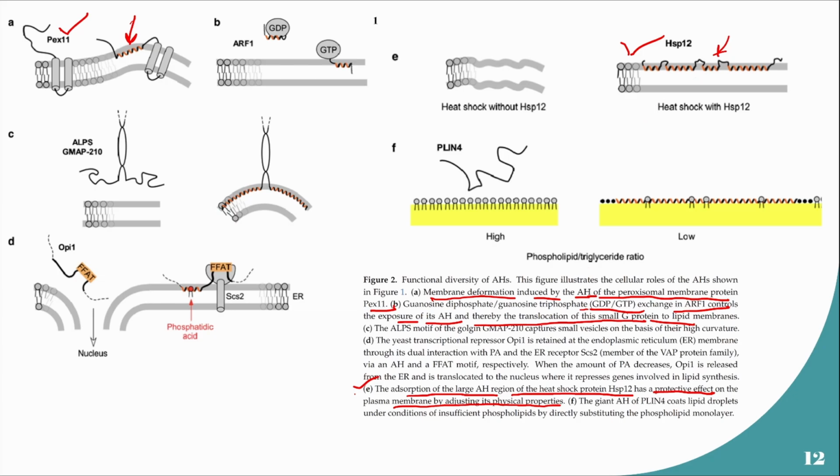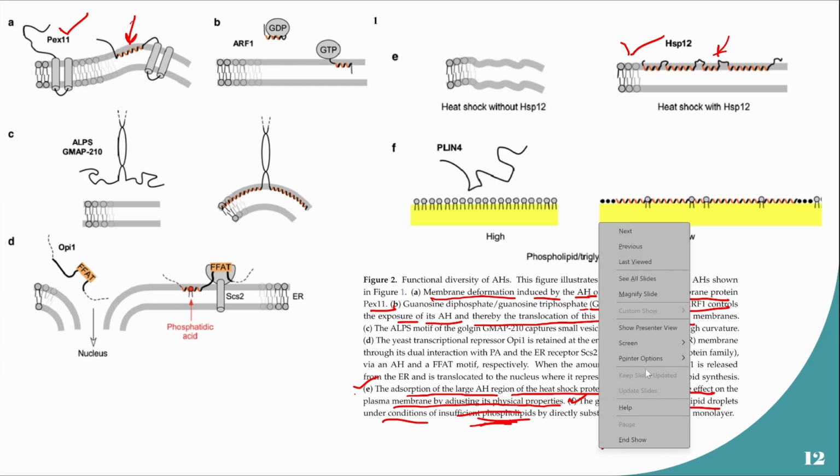And another very interesting example, which I think was here somewhere. Yeah. So for example, you are seeing the amphipathic helix of PLIN4 that coats lipid droplets under conditions of insufficient phospholipids by directly substituting the phospholipid monolayer.